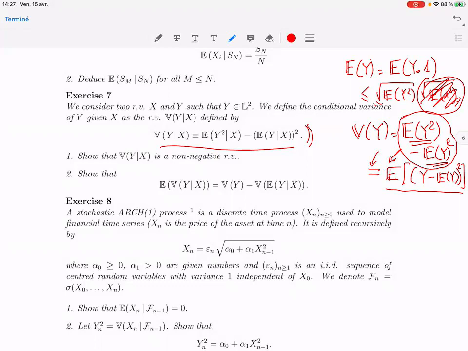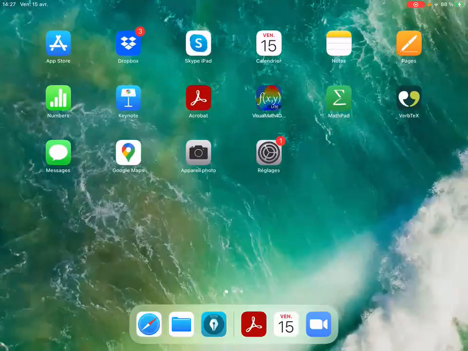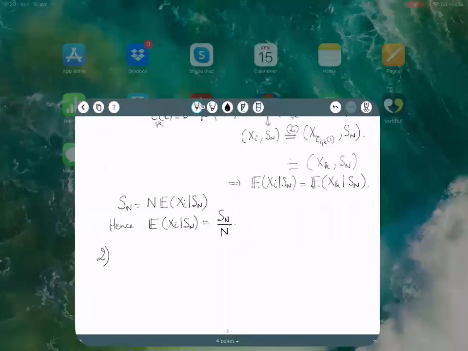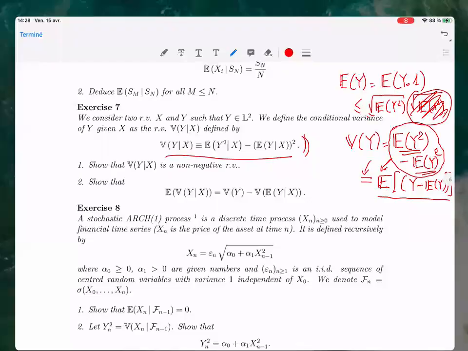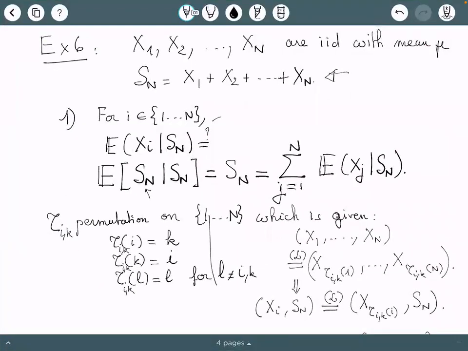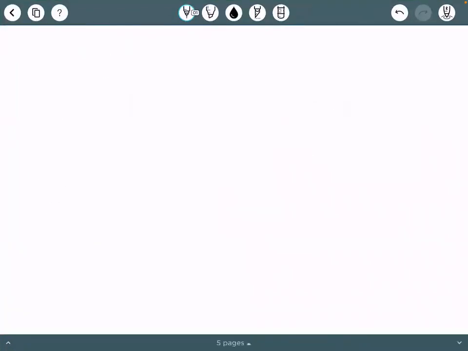So let me recall it for you, and use it to prove that the conditional variance is positive, but the idea is the same. So, exercise number 7.